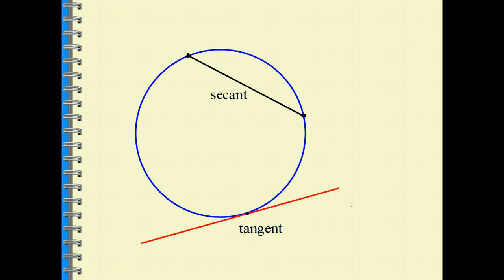Okay, now we're going to deal with these same working definitions of secant and tangent lines. However, we're going to look at them with functions and curves, and it deals with the same premise.